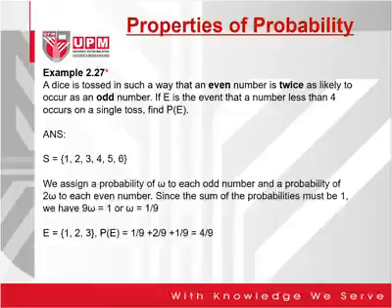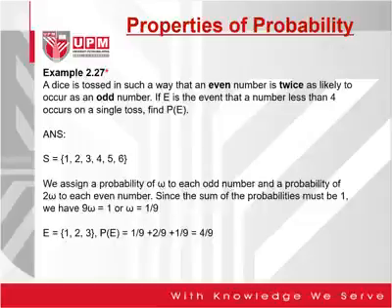The chance of getting an even number is 2 times higher than an odd number. So you get 1, 1, 2, 2, 1, 3, 2, 4, 1, 5, and 2, 6.